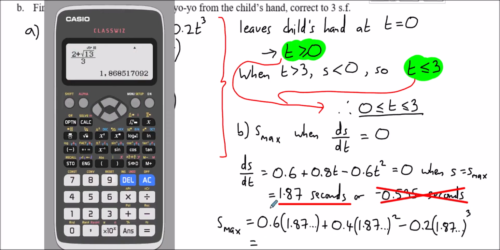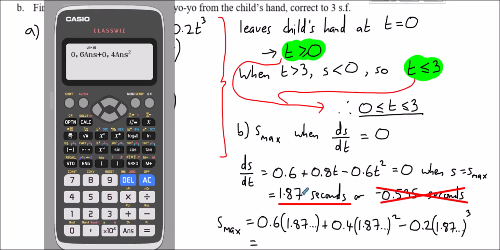Now, because this value is now stored in the calculator's memory, I can just press this ANS button to get the answer exactly as it is. So now, if I do 0.6 ANS plus 0.4 ANS squared, ANS just means the previous stored answer, which is this time here, but to about 10 decimal places.